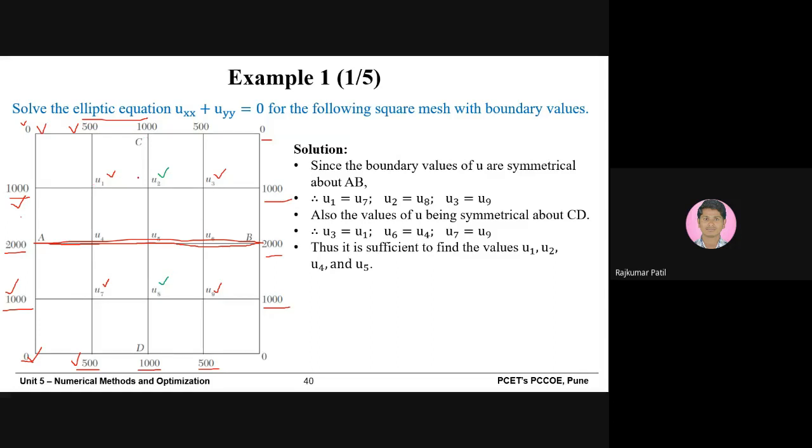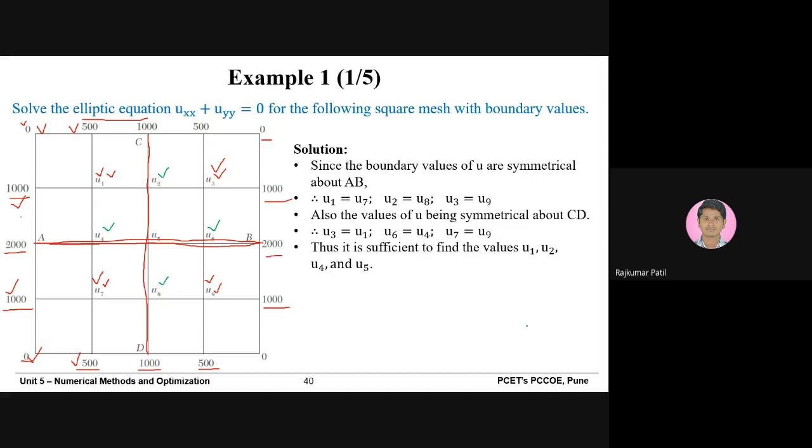Again, if you look at this mesh carefully, there is a symmetry about the vertical axis CD. So again U1 and U3 will be the same, U7 and U9 will be the same, and U4 and U6 will be the same.